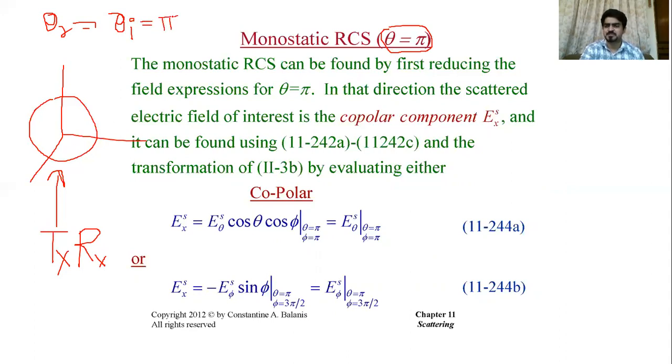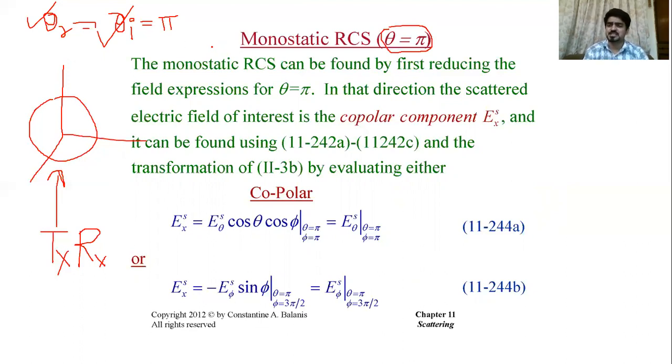And when we substitute these values of theta r and theta i, we will be able to get the monostatic RCS. When we do that, again, that scattered E field, okay, so here is the thing. Since it's a spherical curvature, we can have both copolarized and cross-polarized scattered field.